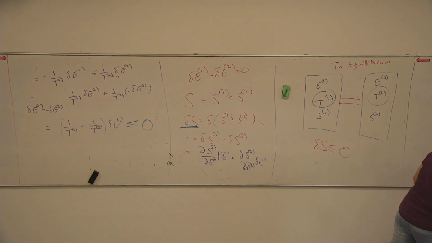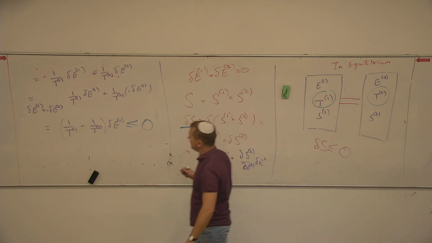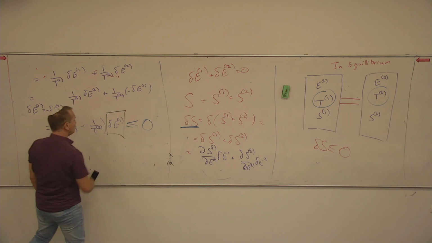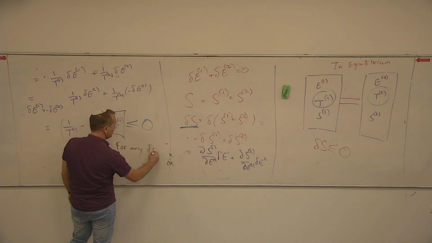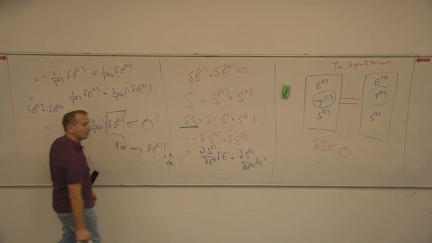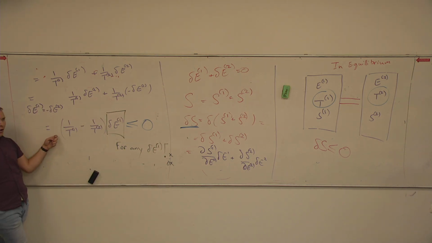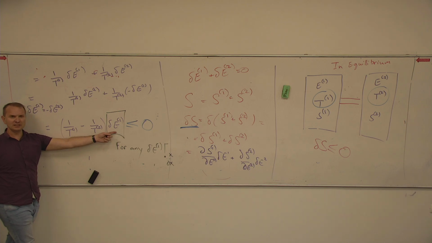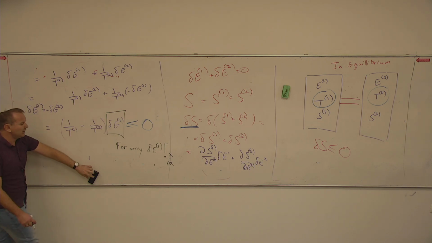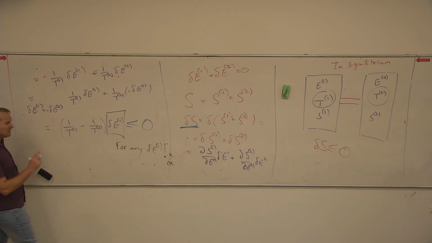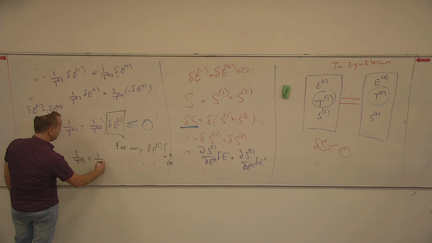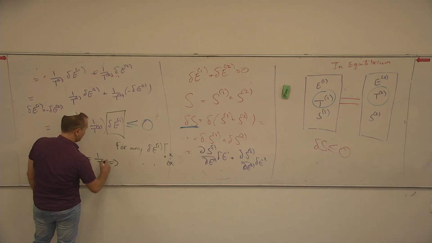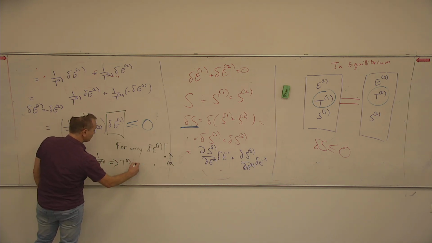But delta E1 was completely arbitrary, so it holds for any delta E1. This equation can hold no matter whether delta E1 is positive, negative, large or small, and it will always hold only for one specific condition, when 1 over T1 equals 1 over T2, namely T1 equals T2.